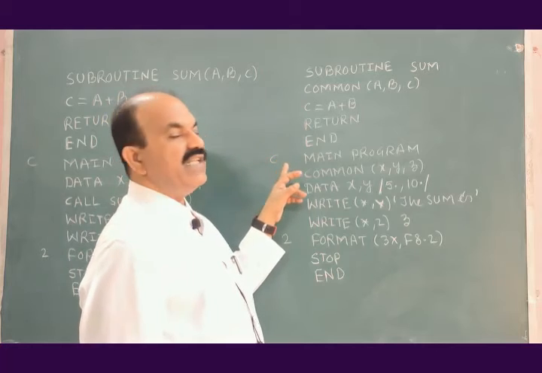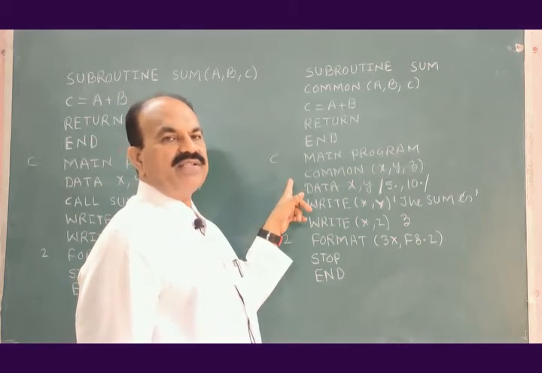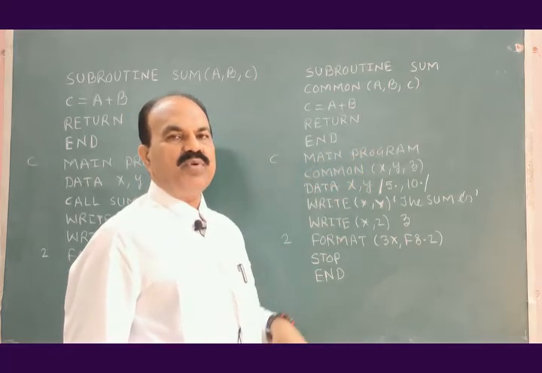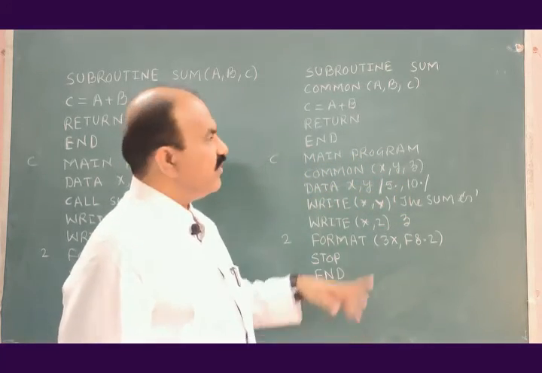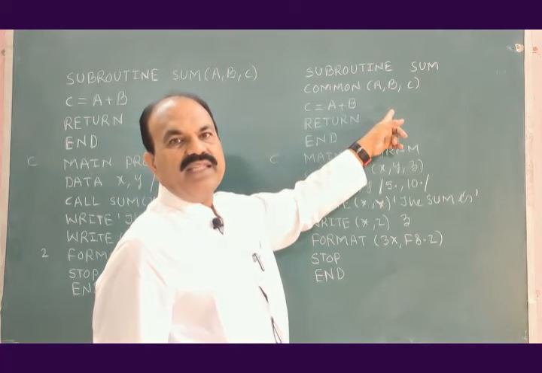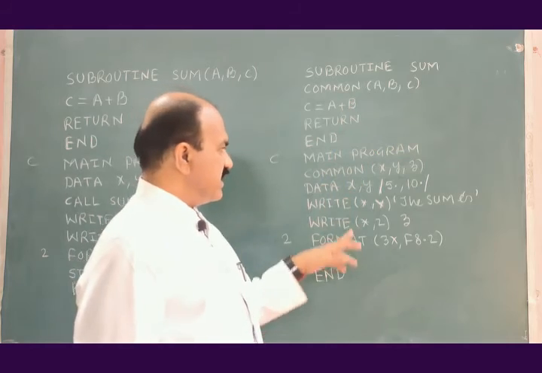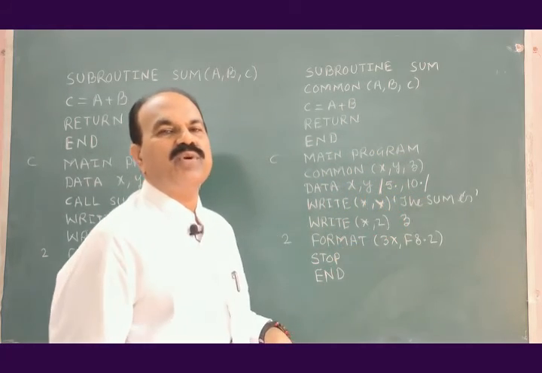Use this subroutine in the main program. See the comment: main program, common x, y, z. Whatever memory is reserved for the variables A, B, C, the same memory can be used by the variables x, y, z in the main program.